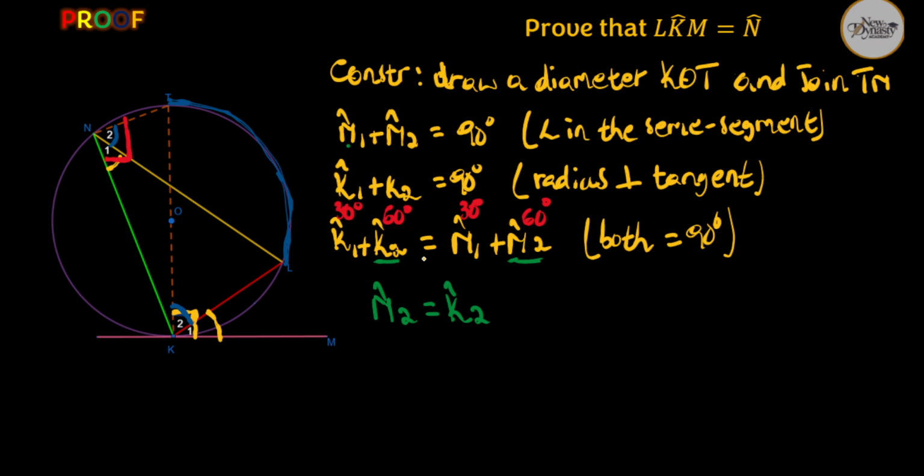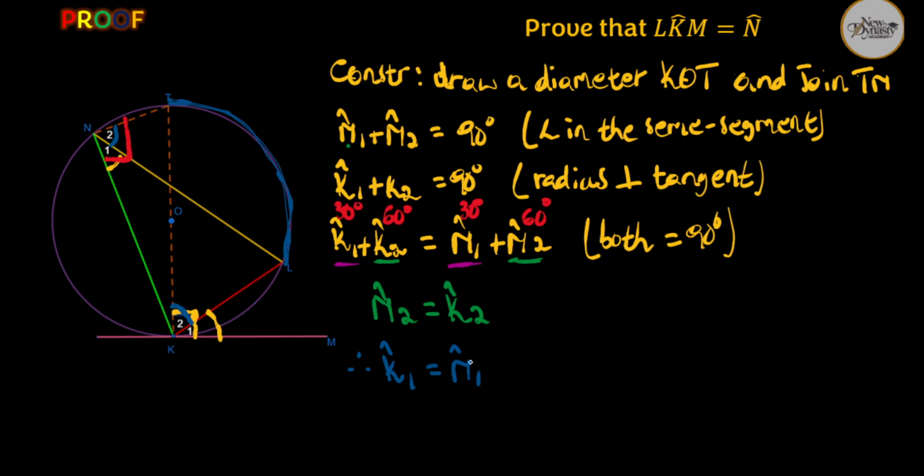If N2 is equal to K2, then it also means that your K1 is going to be equal to N1. So that is the conclusion that we are going to make here, that K1 is equal to N1. So therefore, angle K1 is equal to angle N1.